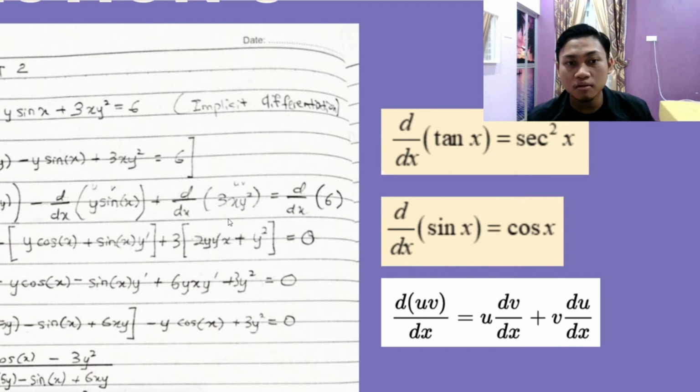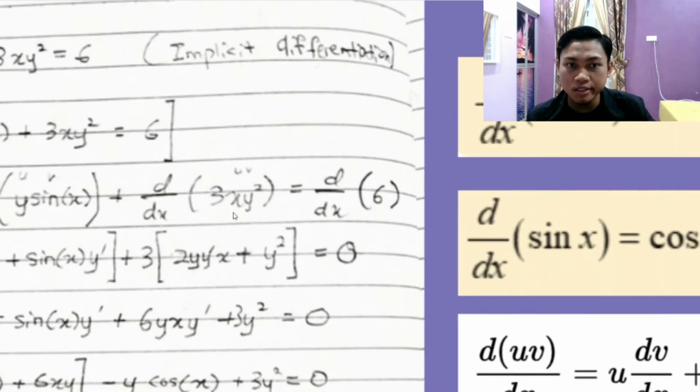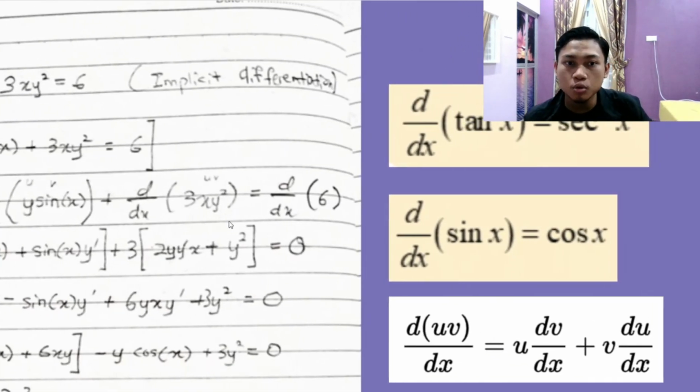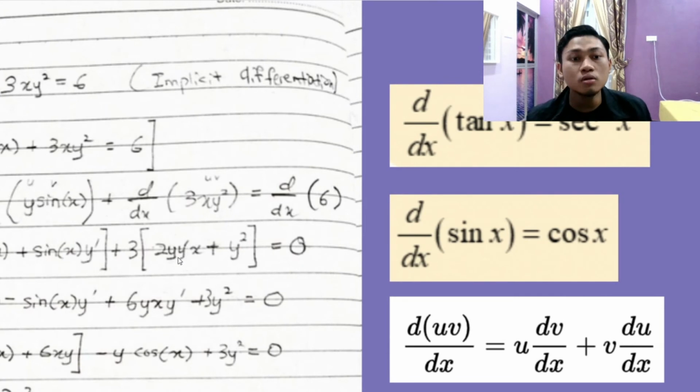And on the next part, plus 3xy squared. So we also apply the product rule right here. We let u equal to x and v equal to y squared. We do the same thing. Oh, by the way, we factor out 3 to the outside first, so that it's easier to solve. So we just deal with xy squared.